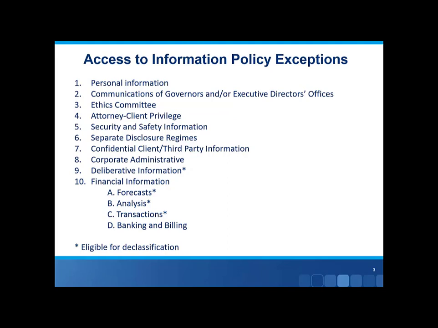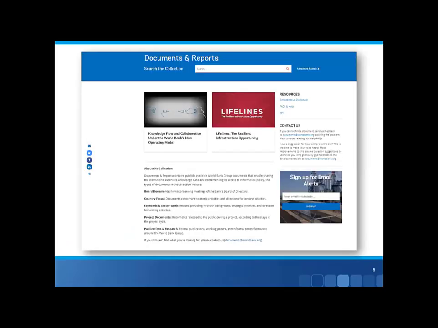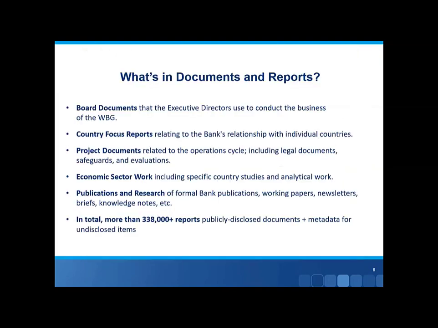So everything that has been made available is available in our Documents and Reports website. This is the home page, and don't worry, at the end of this presentation, I'll have links to all of the various websites I'm showing you. So this is a look at the Documents and Reports main home page. It's our official database for everything that is currently disclosed or is eligible to be reviewed for disclosure. You can find things like our board documents.